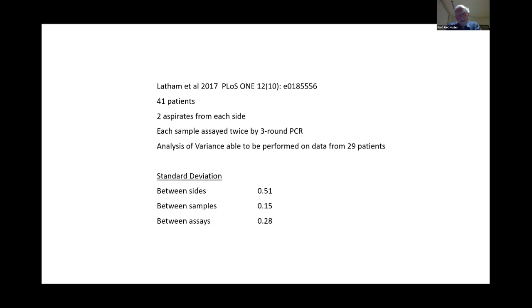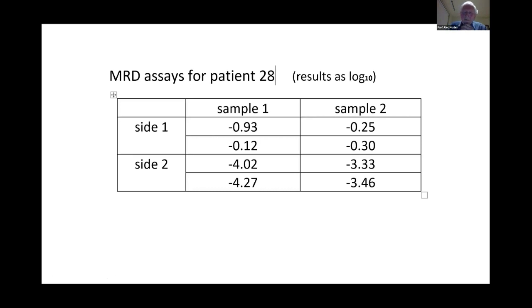That suggested to us that even if a needle goes in 2 different directions, sometimes it may hit the same patch of leukemia. And the variation due to sampling is greater than the variation of the assays themselves. The sampling variation was not normally distributed.